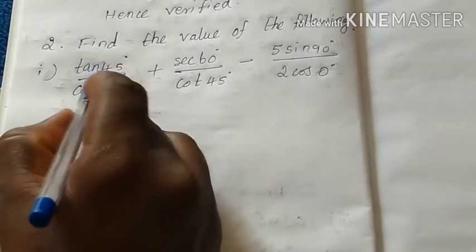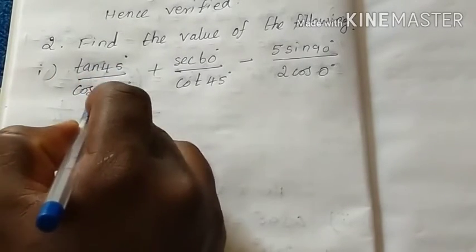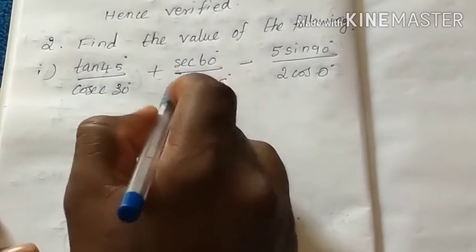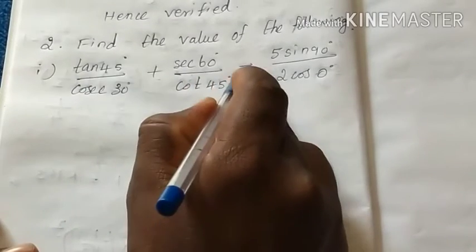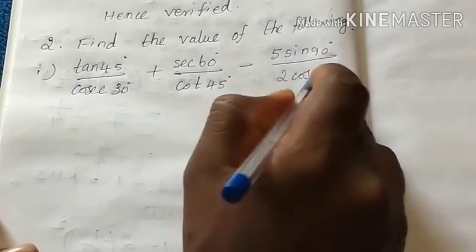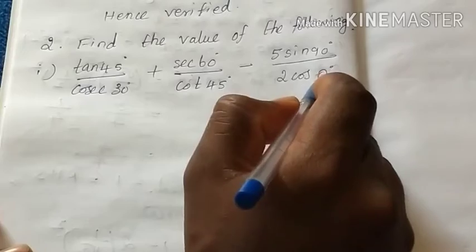The first subdivision, tan 45 degree divided by cosecant 30 degree plus secant 60 degree divided by cot 45 degree minus 5 sin 90 degree divided by 2 cos 0 degree.